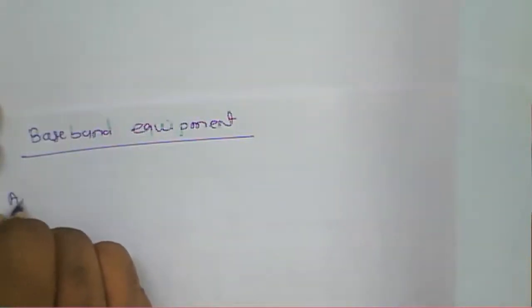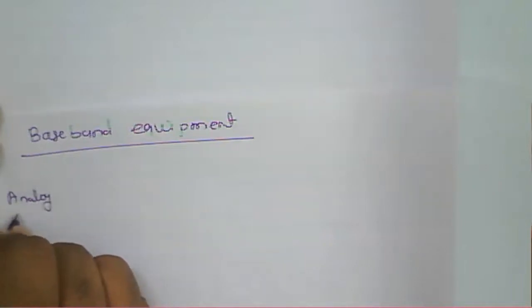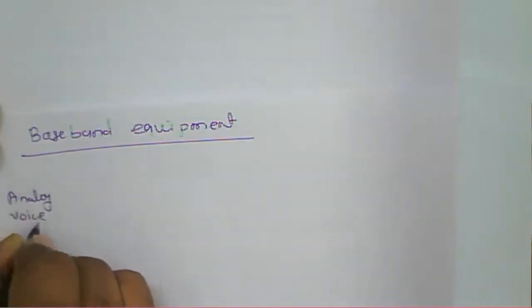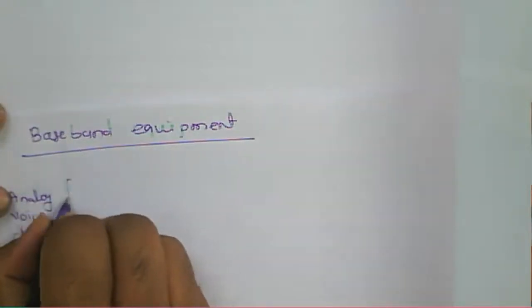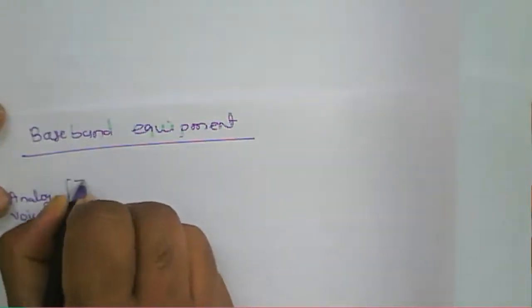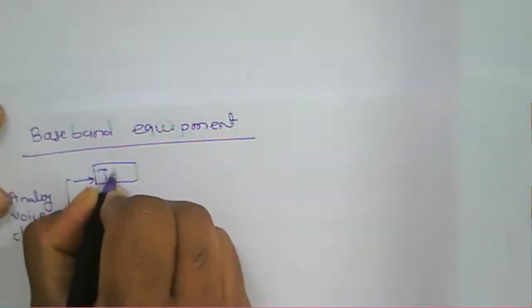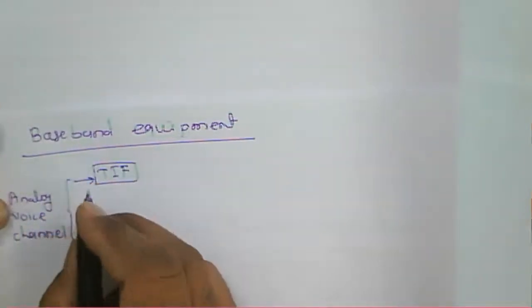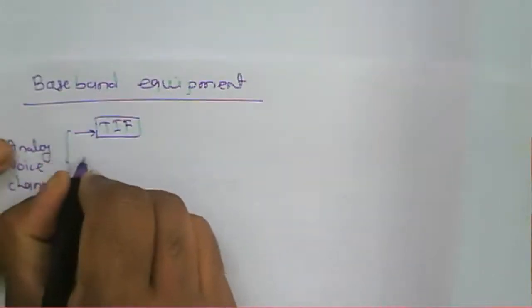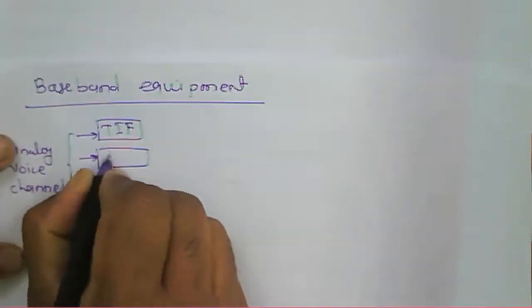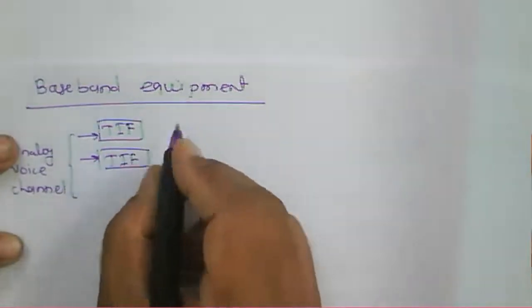Suppose we consider an analog voice channel, that is about the input. So this one is about the TIF, the terrestrial interface. We have another TIF here.